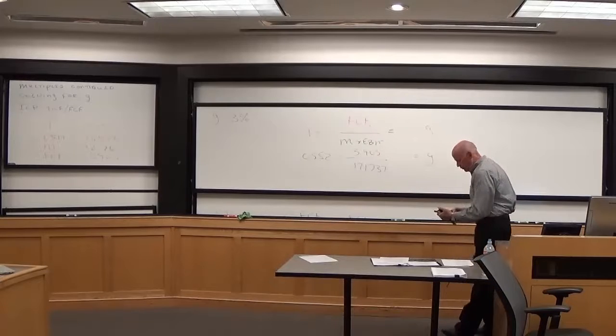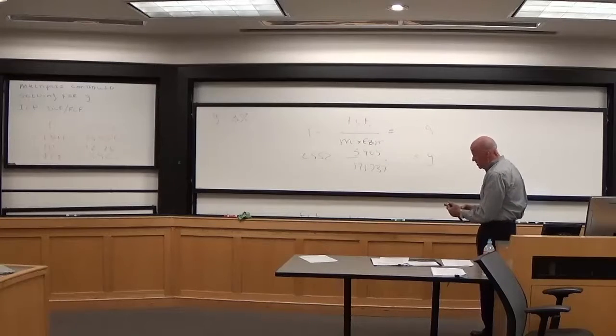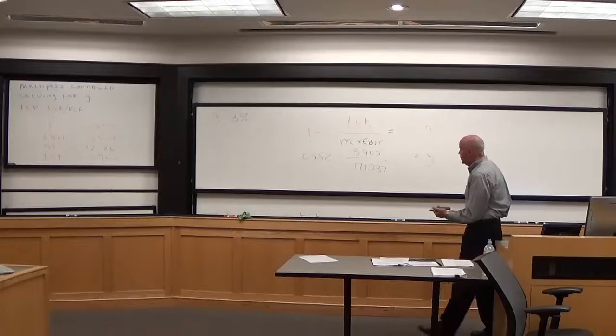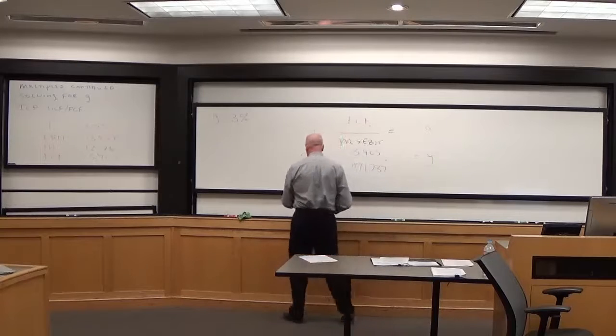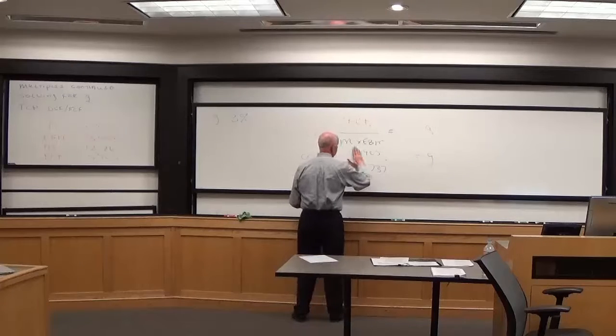And what is 3.905 divided by 171.737? It's 0.02274.